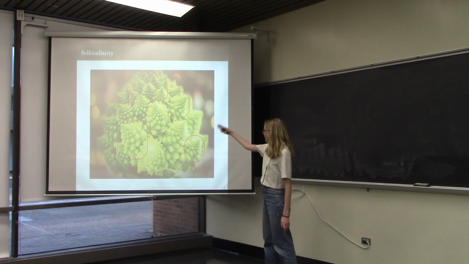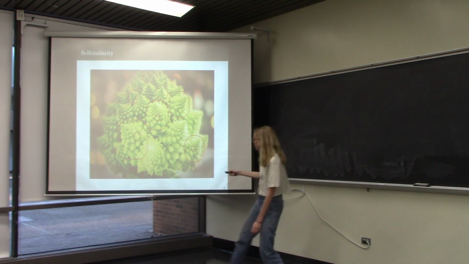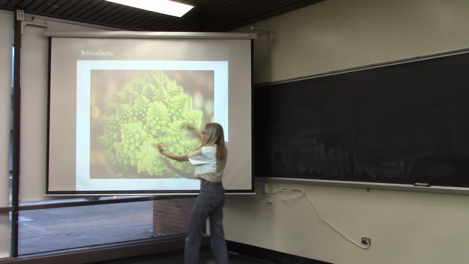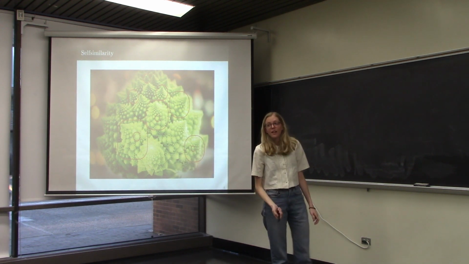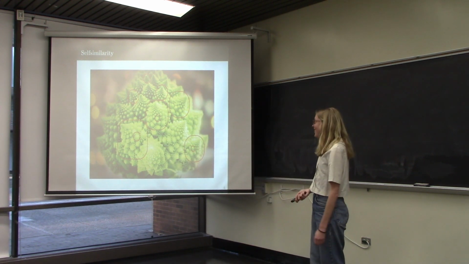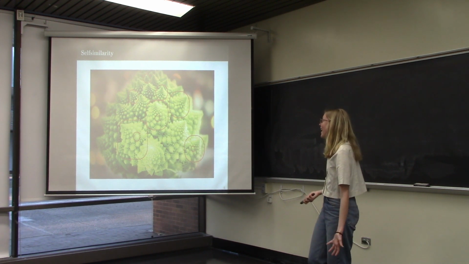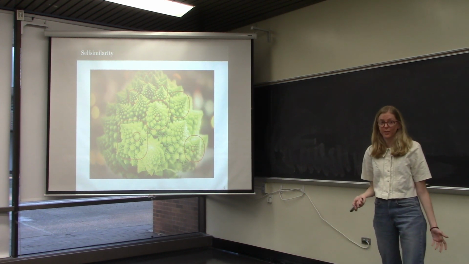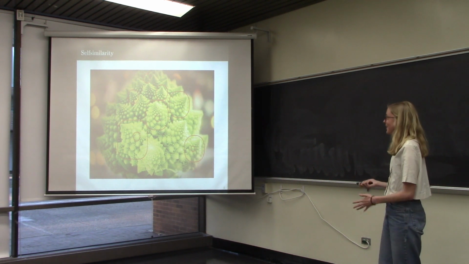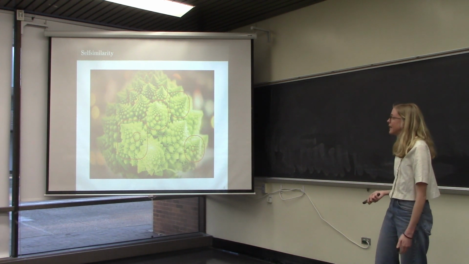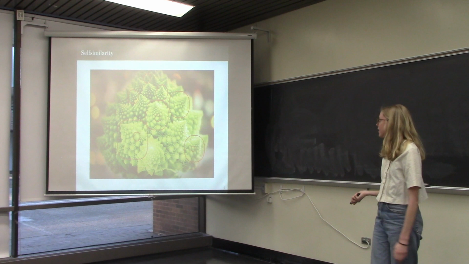And you can even zoom further in, and it looks like the whole thing. So that's one of the attributes that fractals can have, is they can be self-similar. Not all of them are self-similar, but those are sort of the easiest fractals to study.